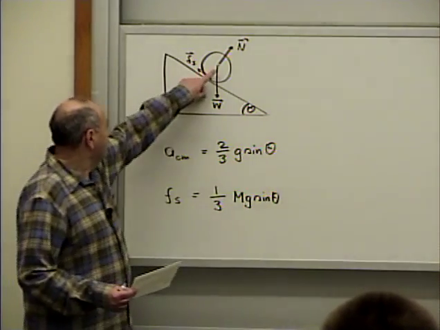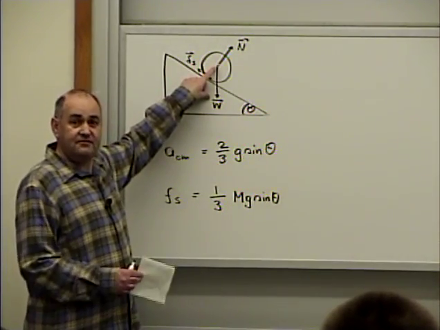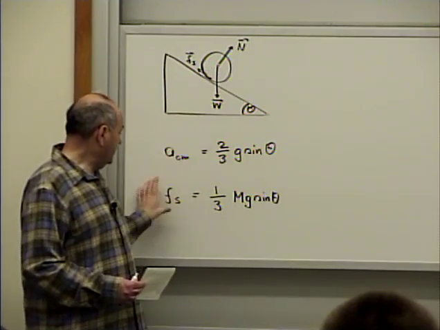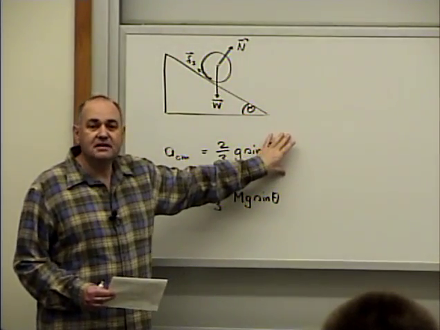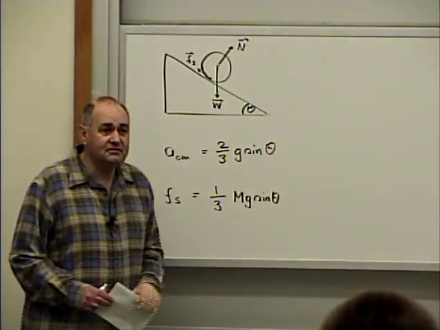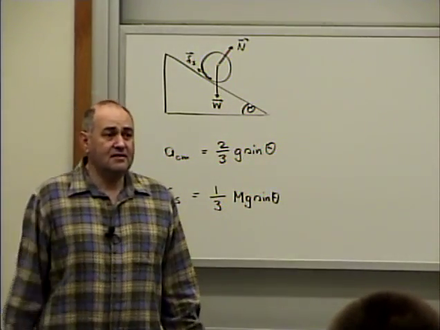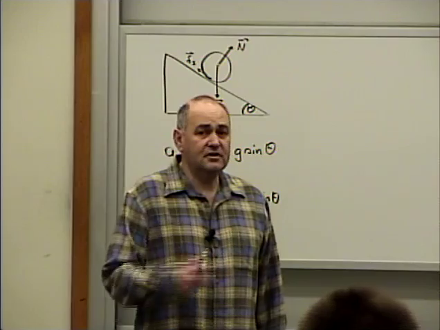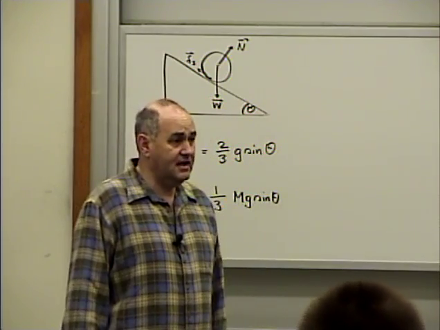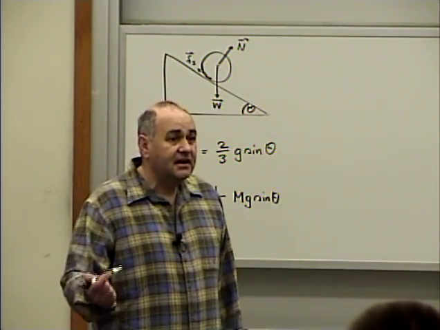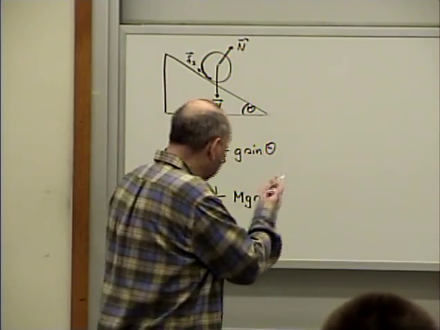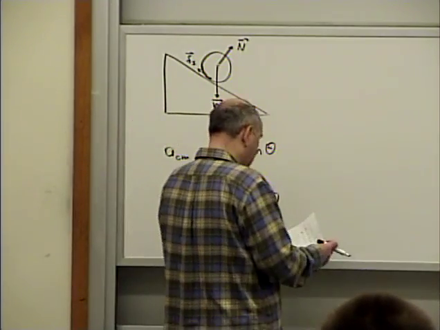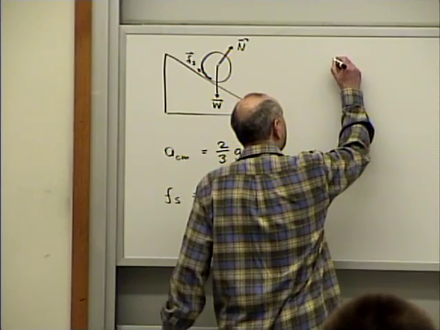Now I see that the center of mass moves with this acceleration. I found the acceleration, right? So can I find where the object is going to be and what speed it is going to have at any instant? Yes, I can do that. And these are relatively simple calculations.